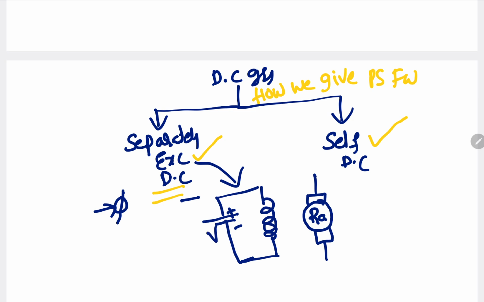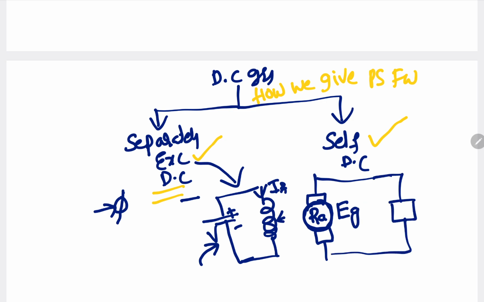So this is, let us say, battery supply voltage V, and this is the field current. The field winding is given power supply from a separate source, and whenever this armature starts rotating it cuts the flux, and EMF will be induced in the armature, that is EG. Let us say we have connected the load. This current is nothing but the armature current, and the current flowing through the load is IL. Let us say the voltage across the load I am calling V.